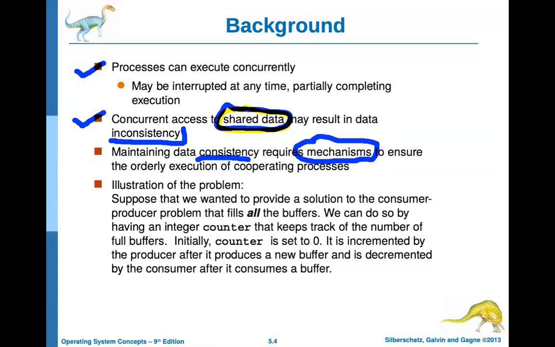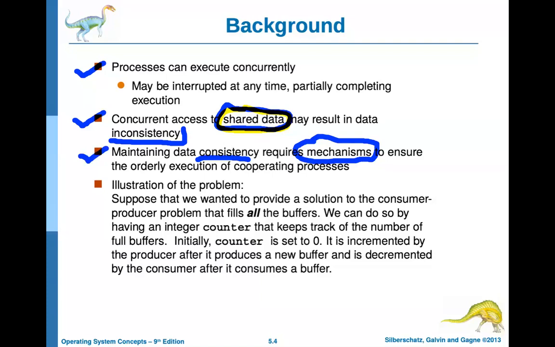That is the reason we need to provide some sort of mechanism, and this mechanism is synchronization. We need to ensure the consistency of data, irrespective of any number of processes simultaneously accessing the same shared data. Okay. So this unit is all about this mechanism of synchronization.